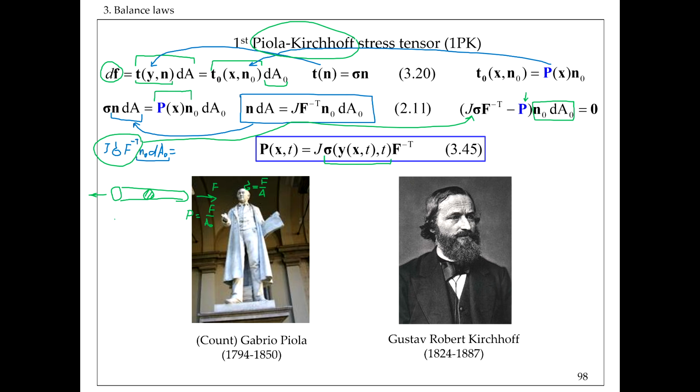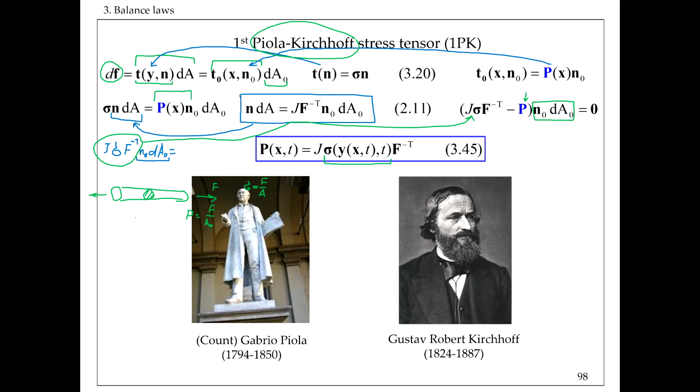Now, there is one important note here, I think, especially related to the literature. In some books, and actually one recommended for this course by Ray Ogden, the work is not with the first Piola stress tensor, but with what is sometimes called the nominal stress tensor, and actually also related to this example of the uniaxial tension.